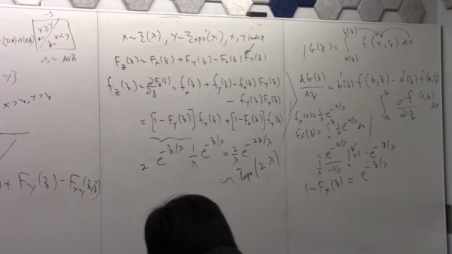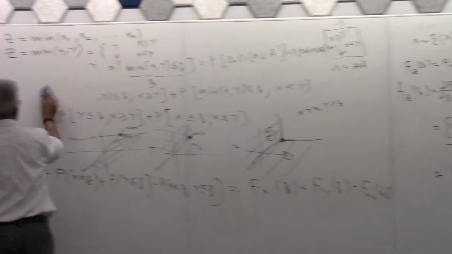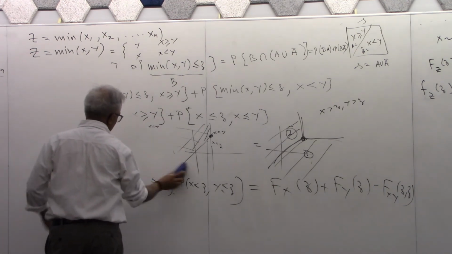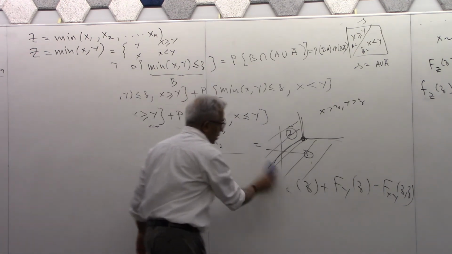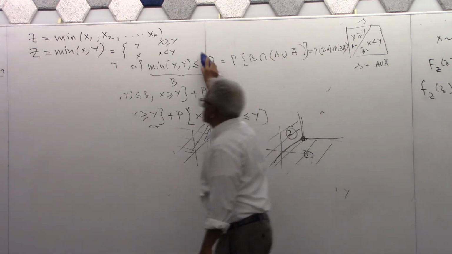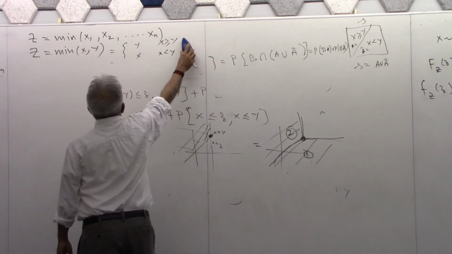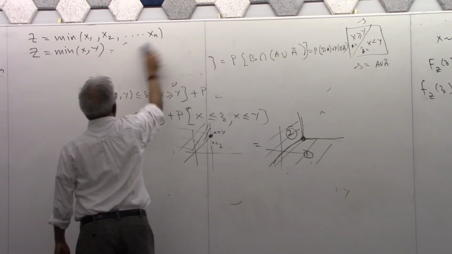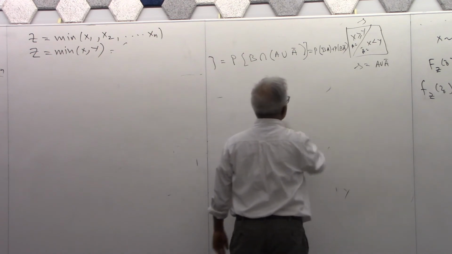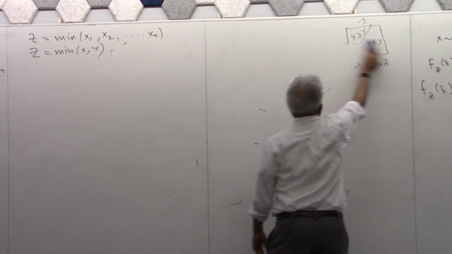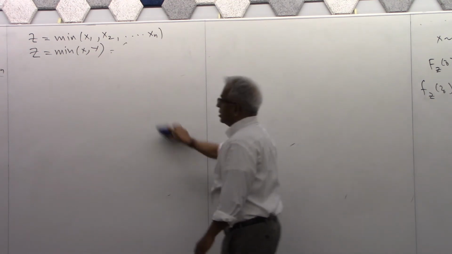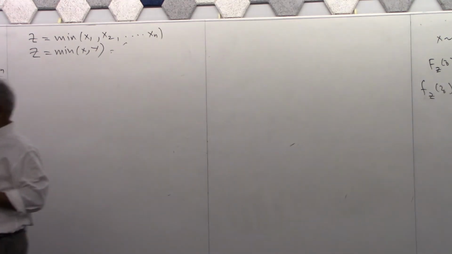So another way to do the minimum, let me show you this also. You may not want to go through all the graphs. So let's take this more general problem.